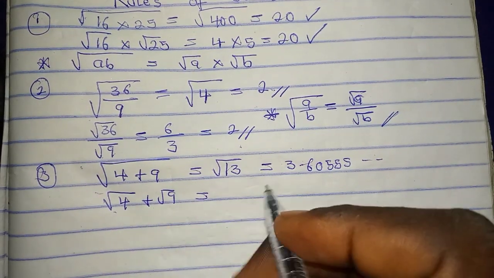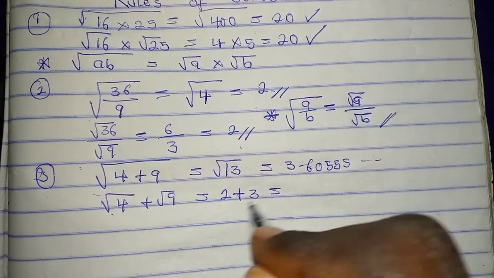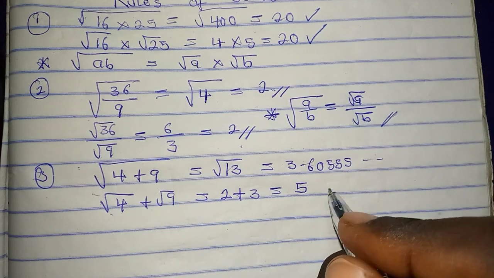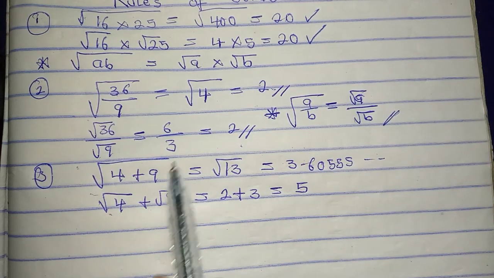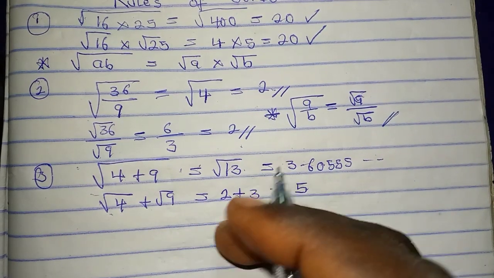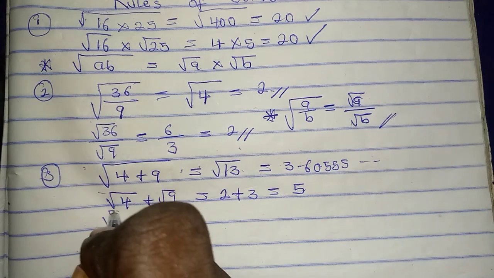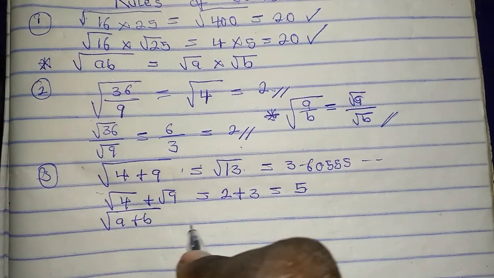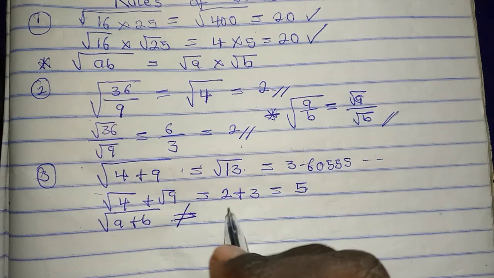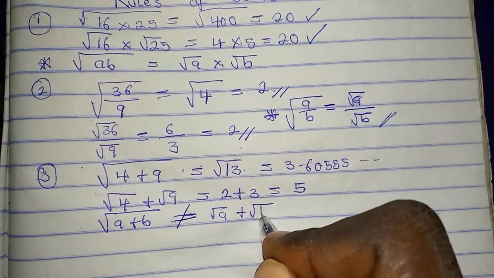Root 4 is going to give us 2, root 9 is going to give us 3. If we add it together, we have 5. So you can see that these are not equal. Therefore, this is where we derive the rule. In general, root of A plus B is not equal to root A plus root B.